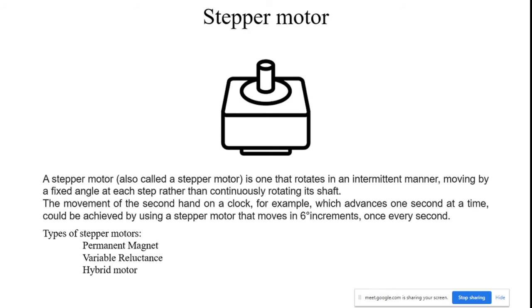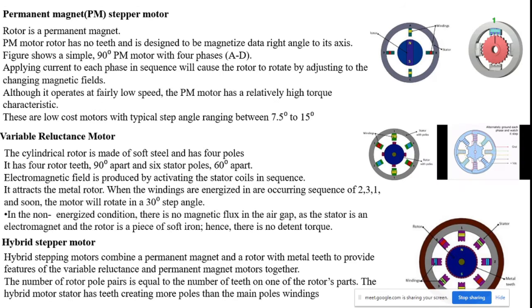So it has different types. The types of stepper motor are the permanent magnet type, the variable reluctance type, and the third one is the hybrid motor. Those three types are available. Here, what is a permanent magnet stepper motor? Here you see the stepper motor functions like a wall clock.